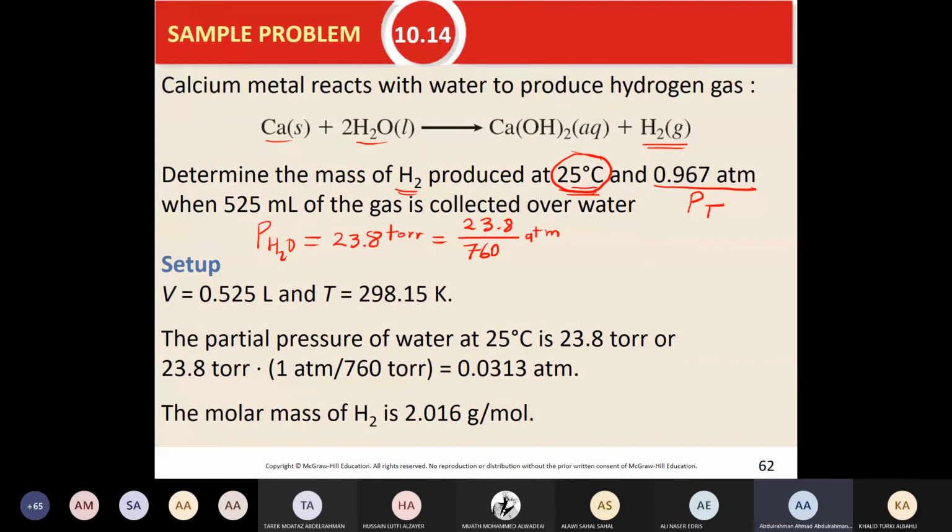Good. Then automatically tell me what's the pressure of hydrogen only. 0.936. It's correct. Okay, good.